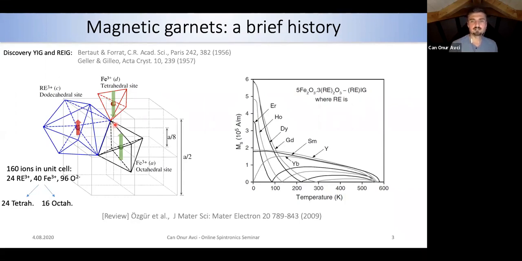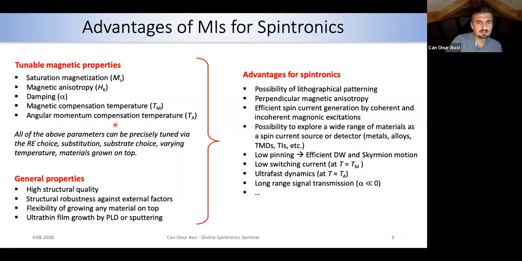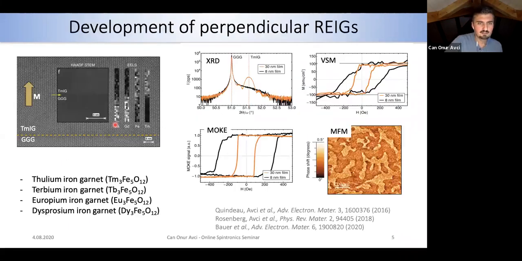I know that there are some efforts to grow this material on silicon dioxide. Indeed, when I gave this example, these three garnets were grown on GGG, but the last one is actually grown on silicon dioxide.